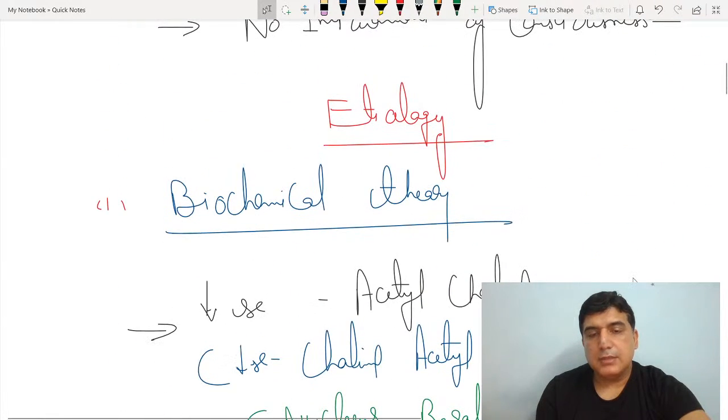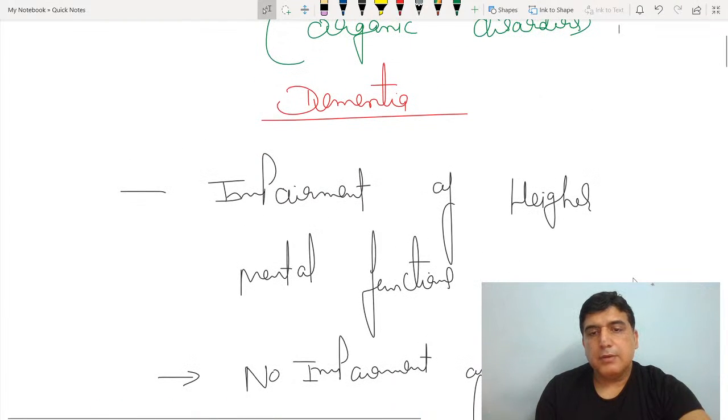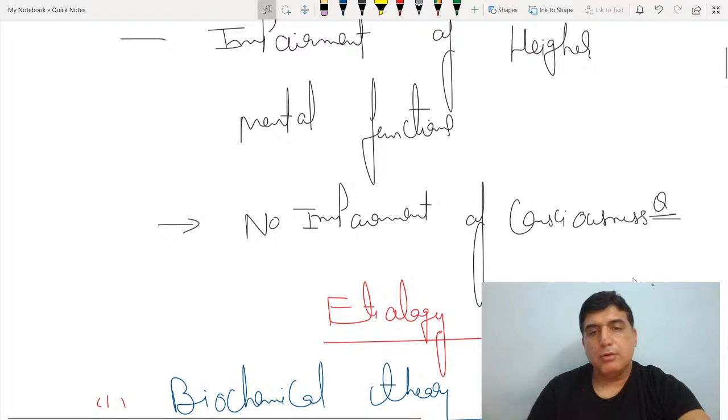The main neurotransmitter is acetylcholine, which decreases in nucleus basalis of Meynert. Okay, and dementia is what? It's an impairment of higher mental function. Despite being an organic or neurocognitive disorder, there is no impairment of consciousness. Very important findings these are.